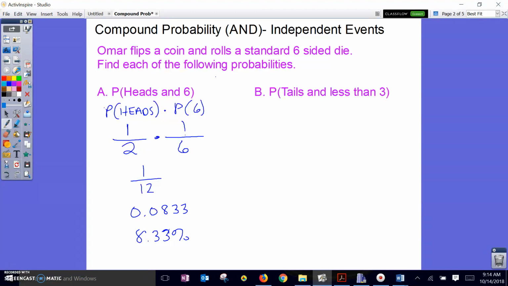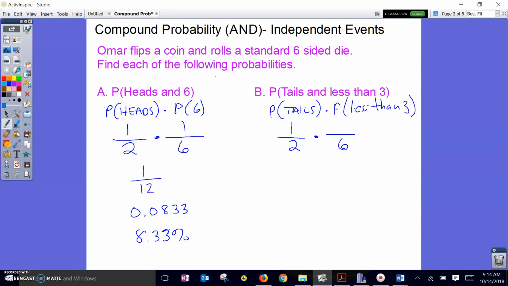Alright, part B, the probability of tails and less than 3. So that's going to be the probability of tails times the probability of less than 3. Probability of tails, there's one tail out of two possible outcomes. There are 6 outcomes when I roll my die. How many of those are less than 3?